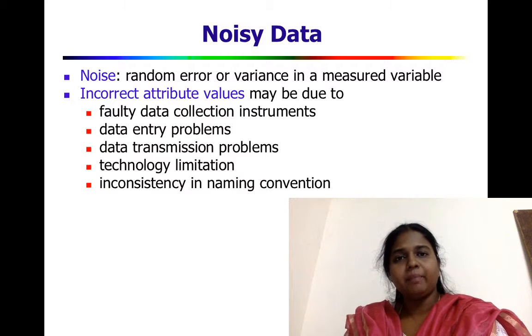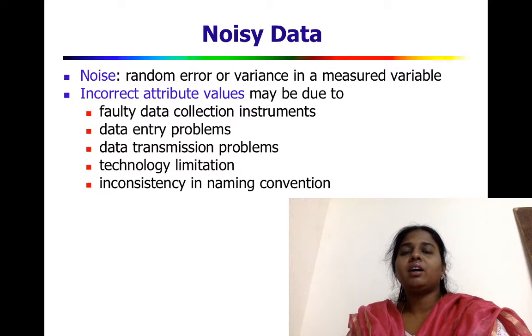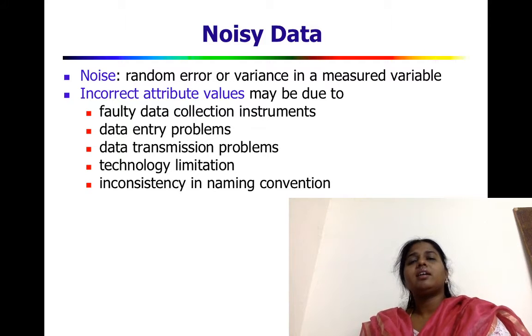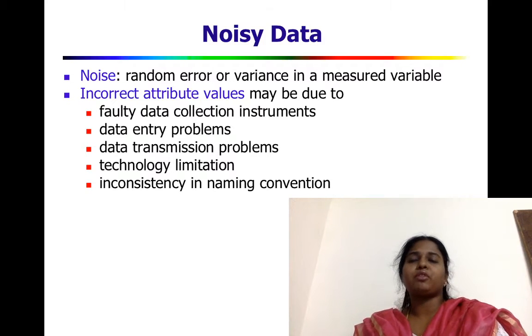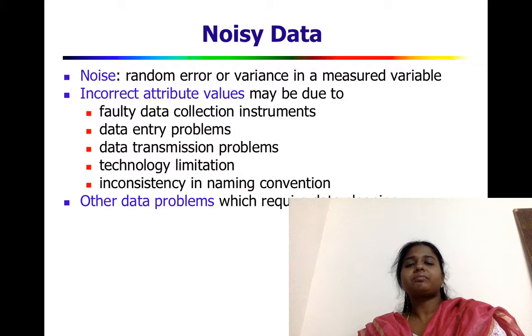It could be name, it could be name of the student, or it can be the first name, full name. All of these are different ways in which the name of the student is entered in the database. So because of the naming convention also, we might get some error in data.